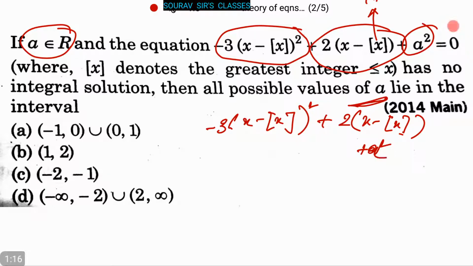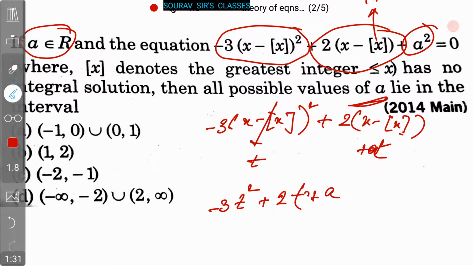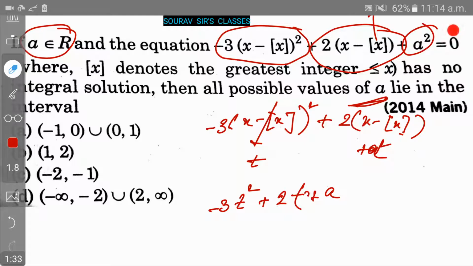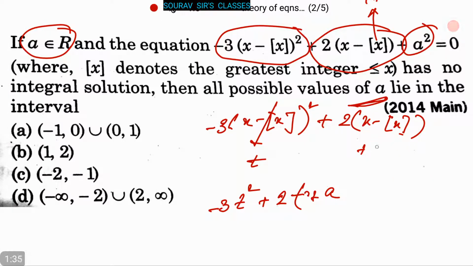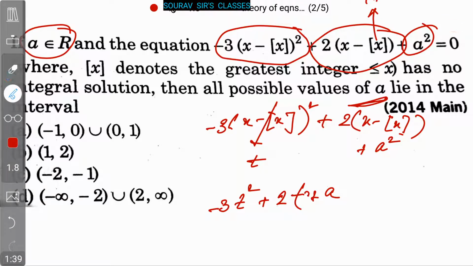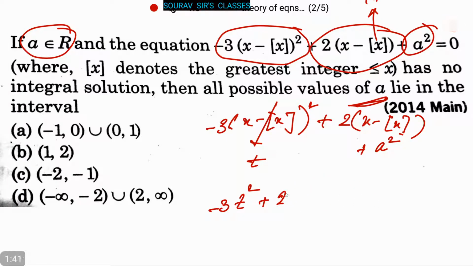If you replace x minus [x] with t, we have minus 3t squared plus 2t plus a squared equals 0.